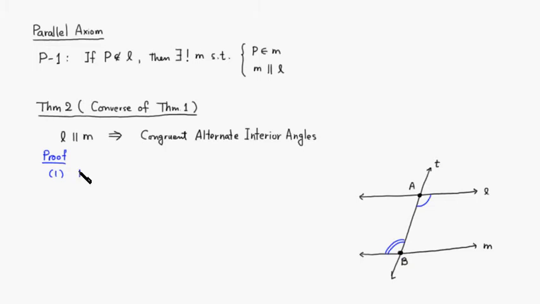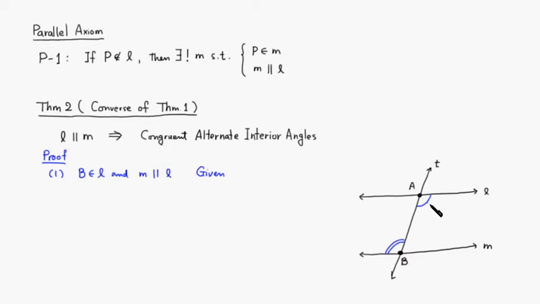So B is not in L, and this M is parallel to L, right? So this is given. Then we want to say that the alternate interior angles are congruent.